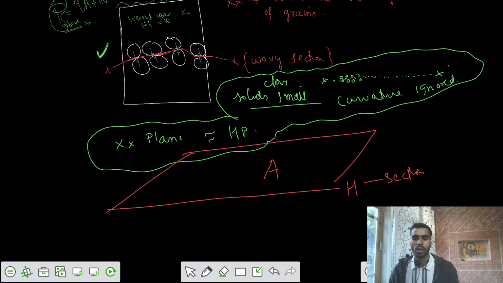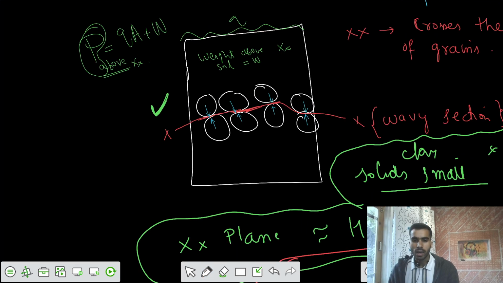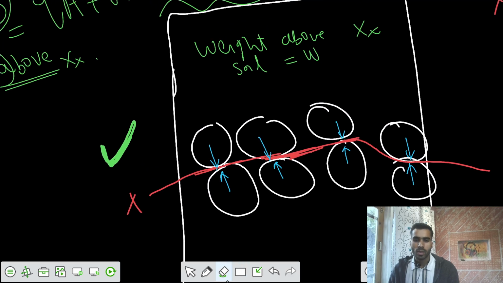with the area of the cross section as some value A. Now there is some resultant force in the vertical direction, because there's some contact, and there would be horizontal and vertical components of those forces because of that contact force. Let's say there is some contact force C1, some contact force C2, some contact force C3, and this is C4.